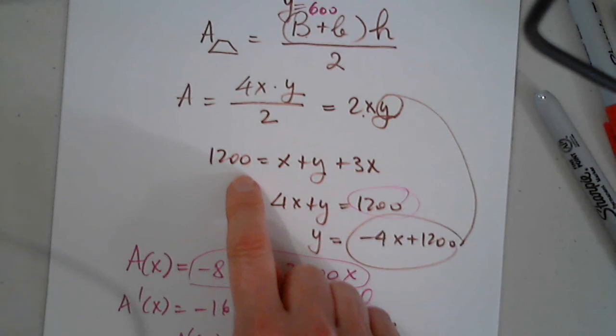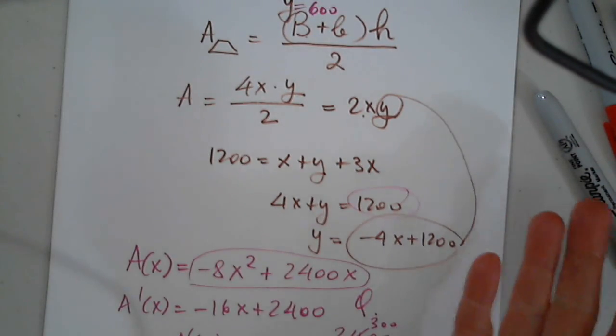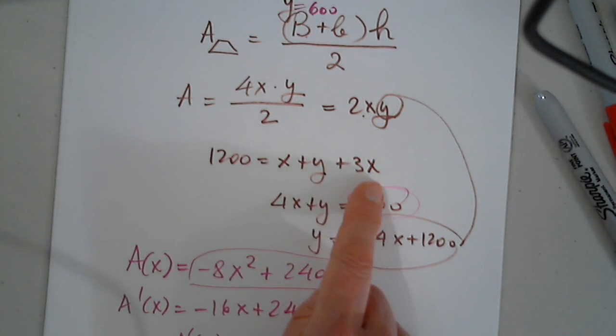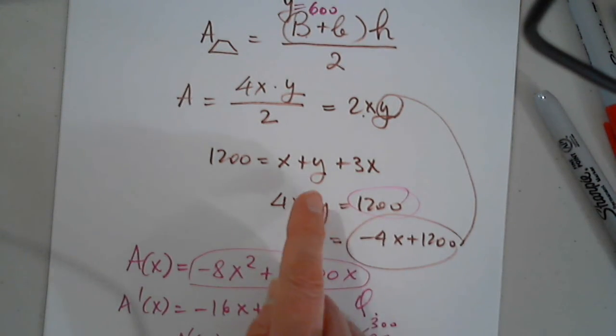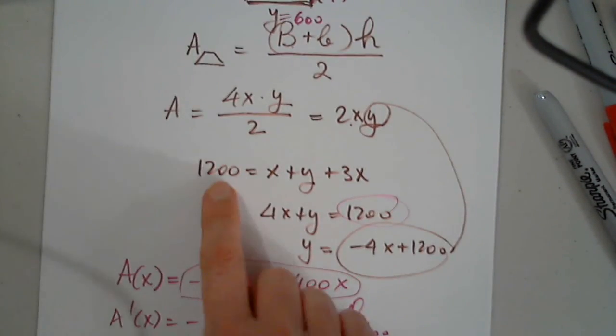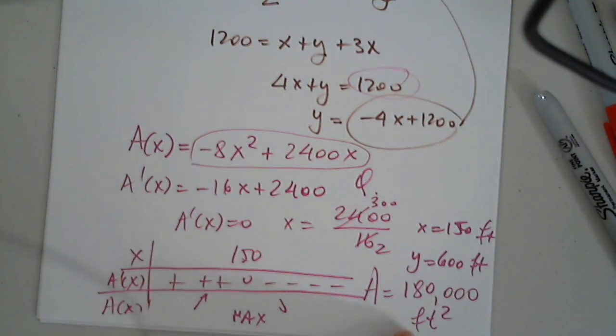And then I use the fact that this is a constraint, that's all he has. With the 1,200 feet of fencing that he has, x plus y plus 3x, this is a constraint, and he can only get a maximum area of 180,000 square feet. Now, if he changes this, of course the maximum area will change.